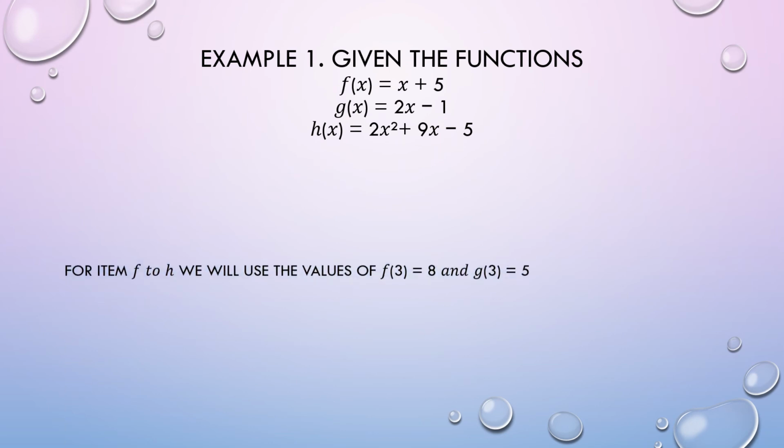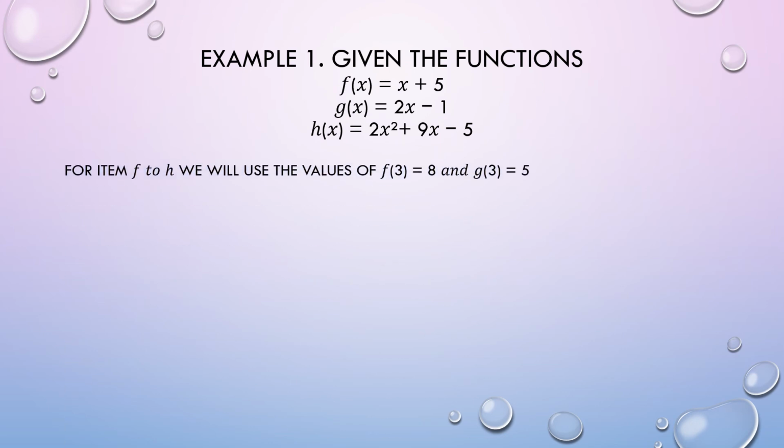Okay, next, we go to the next. For items f to h, we will use the values of f at 3 is equal to 8 and g of 3 is equal to 5. The ones that we solved in the first one, we're going to use them as the values of f at 3 and g at 3. So we have here subtraction.